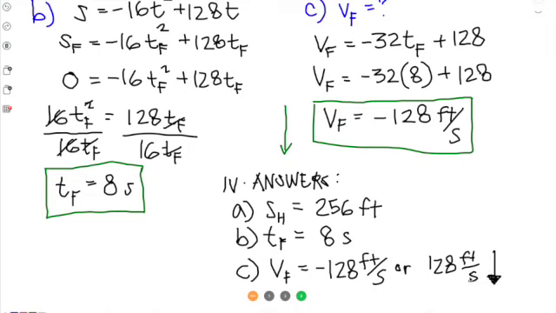Okay, so that's the same thing, saying it's negative 128 feet per second, or saying it's a downward motion with 128 feet per second magnitude for the velocity is the same.